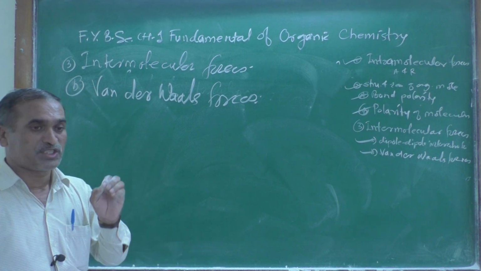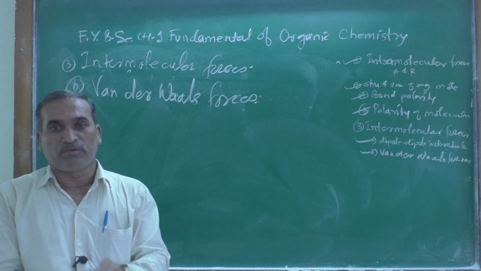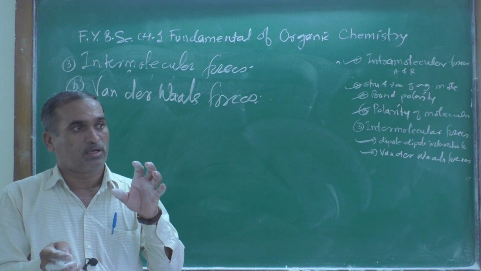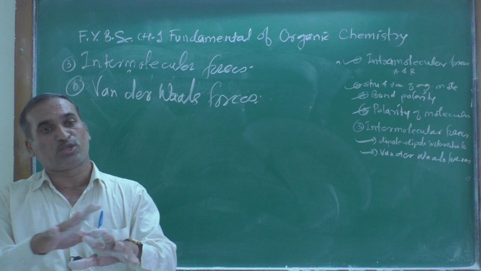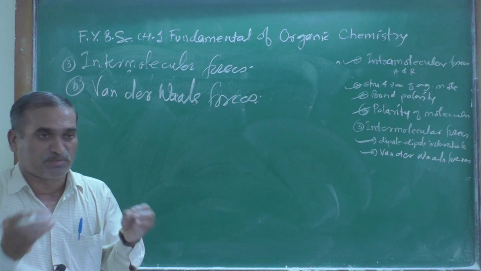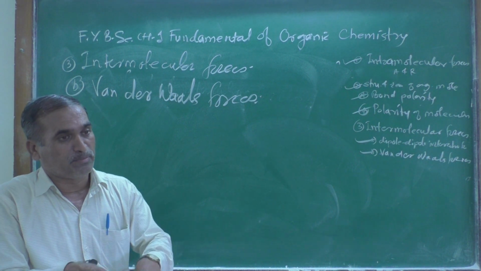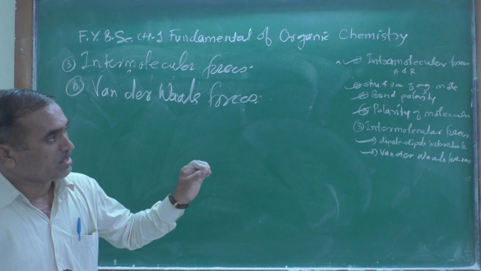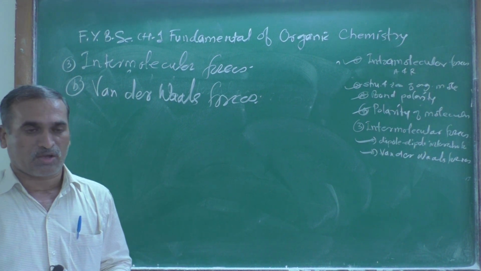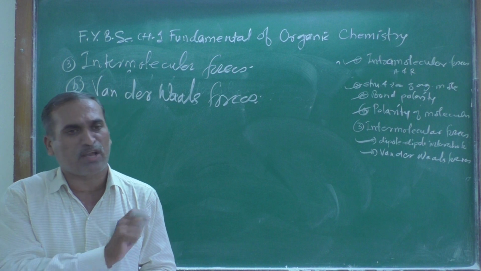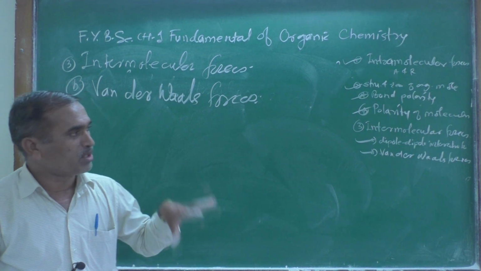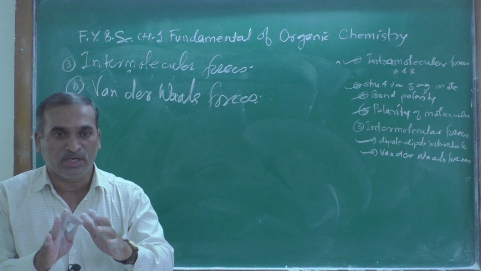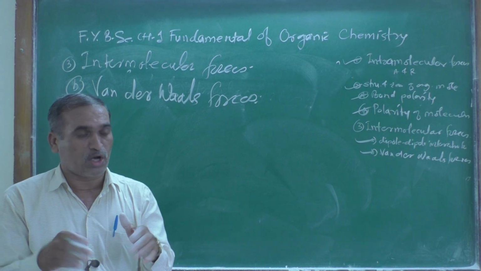Van der Waals forces occur purely between non-polar molecules. Non-polar molecules means what? There is no electronegativity difference present over there. So in those compounds only that type of van der Waals forces occur, and these van der Waals forces are very weak compared to the other forces, because they occur in non-polar molecules.